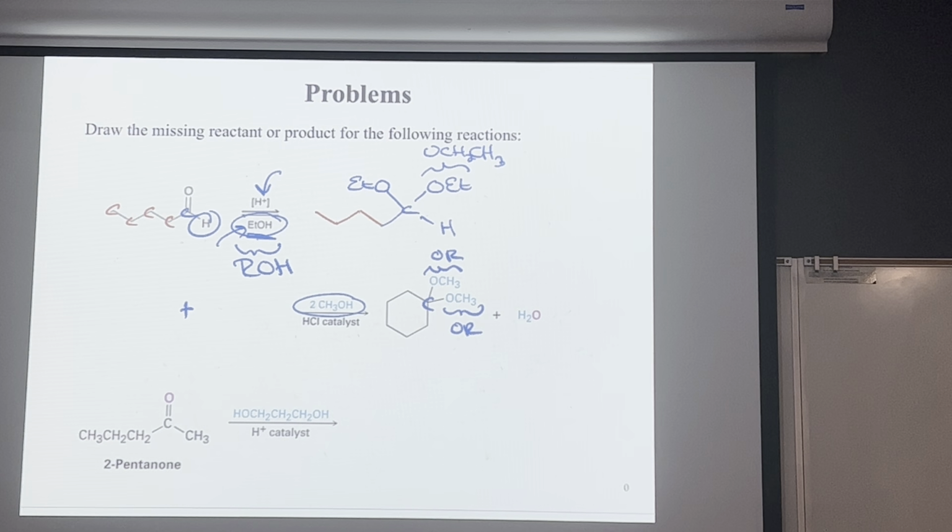So here, instead of doing plus 2CH3OH, and that is ROH, what they did is they wrote it there on top of the reaction arrows. So we actually don't need it here. You write it in one place or the other. Are we okay with that?